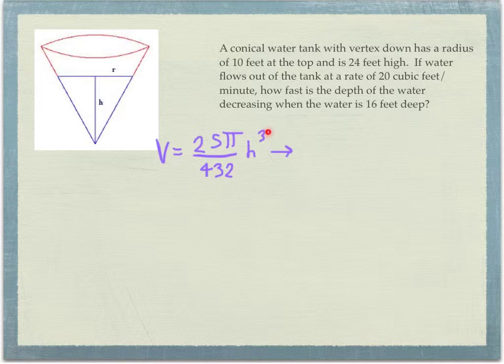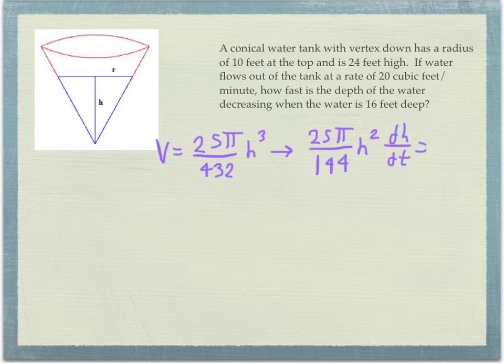So I'm going to end up taking 3h squared, but 3 is going to divide into this 432. So what I'm going to actually end up with is still the 25 pi, but then the 432 will be divided by 3, so I'll get that 144, and then it's going to be h squared times dh dt. And by the way, all that's going to be equal to dV over dt.